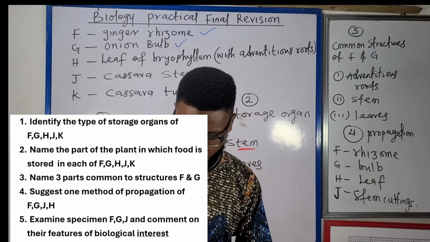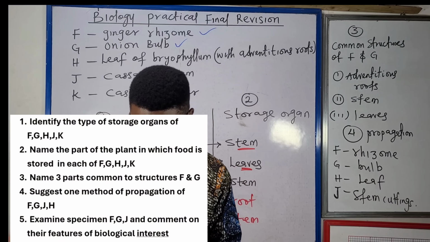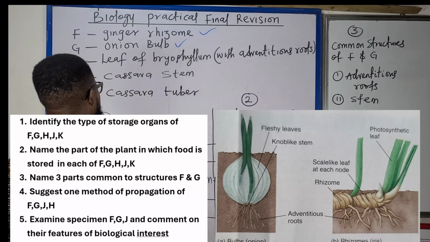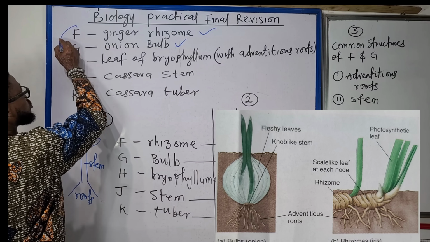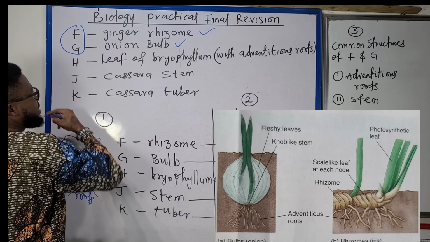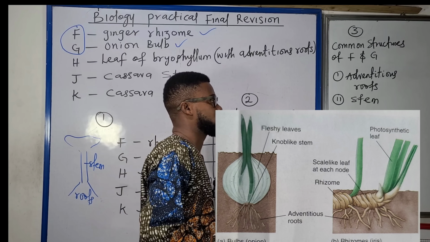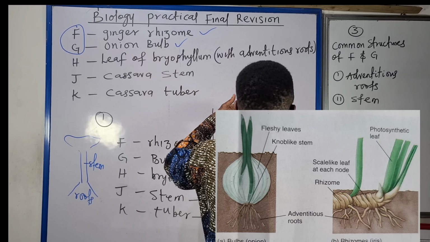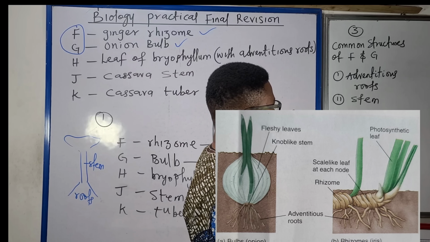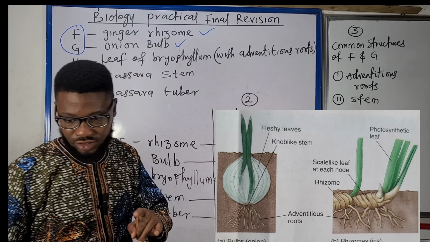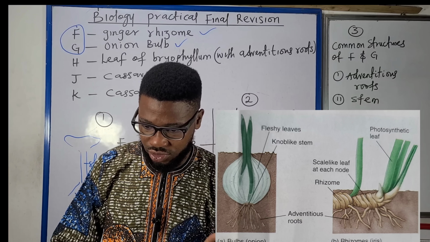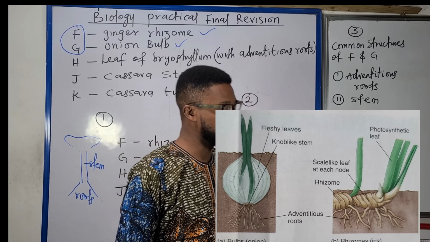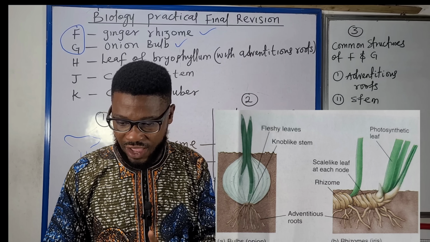Another question coming up is that we should name 3 parts common to structures F and G. Okay, talking about specimens F and G, the 3 parts common to them, number 1, adventitious root. As you can see in the diagram on your screen side by side, they both have adventitious roots. Number 2 is that they both have modified stem.